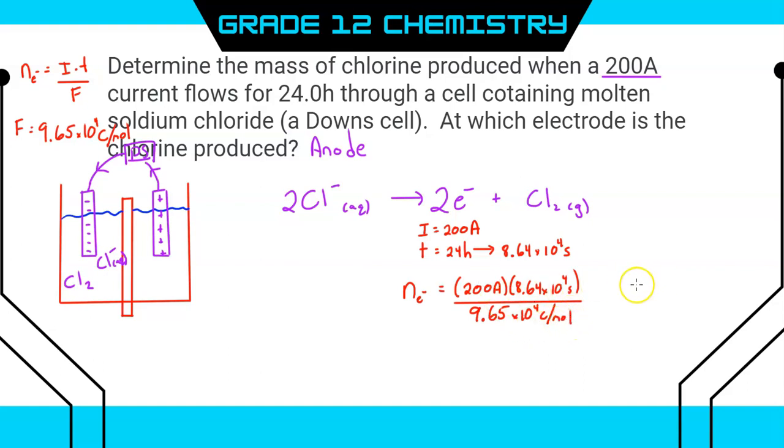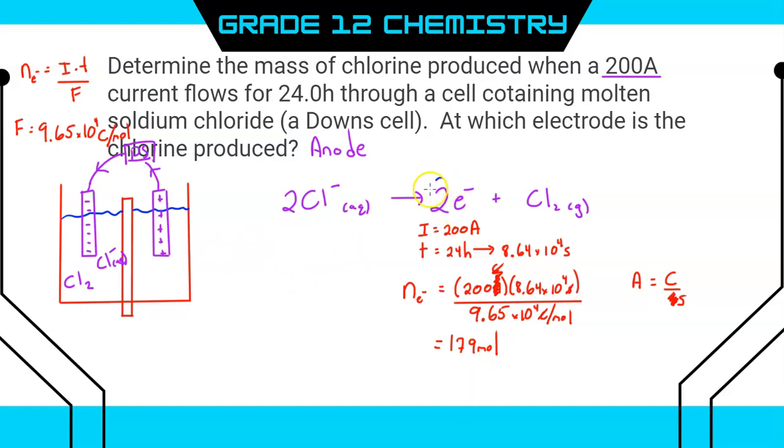And if you want to see how the units work, well, an ampere, or current, is the amount of charge that passes by a certain cross-sectional area in your wire in some time t. Right? So if you replace this with coulombs per second, I should write that as seconds, not t. Coulombs per second, you can see our seconds cancel, our coulombs cancel, and we're left with units of moles. And we end up with 179 moles.